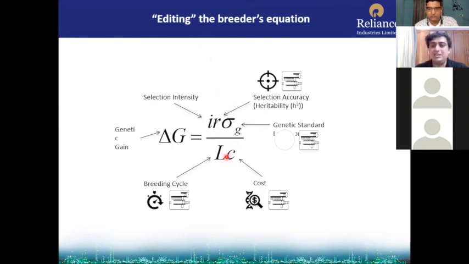Now forget everything, just think about breeding cycle and cost, L and C. If you can reduce the breeding cycle by half, your genetic gain doubles. CRISPR can do that. CRISPR can bring down your breeding cycle greatly, and that will increase your genetic gain. Also, it can bring down your cost significantly. CRISPR can also influence your genetic standard deviation, selection accuracy, selection intensity, etc. I'm not going into that detail.